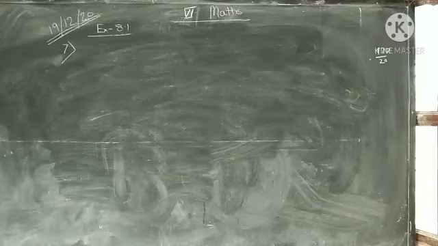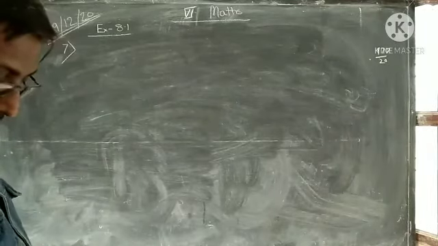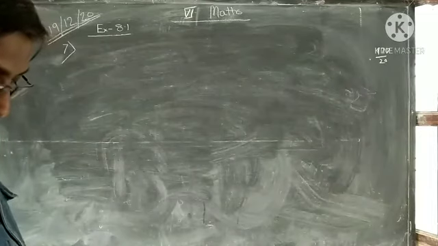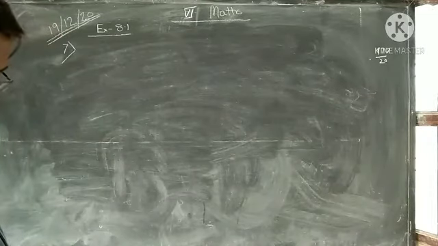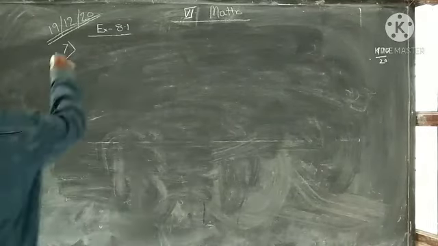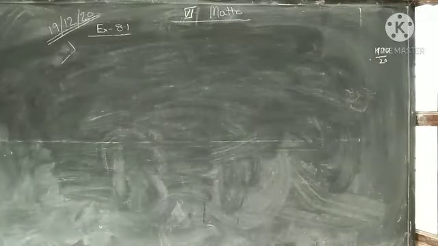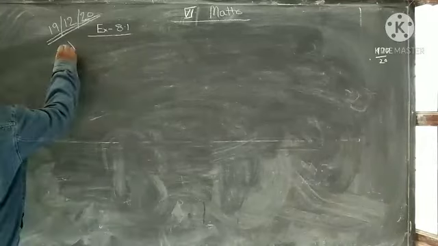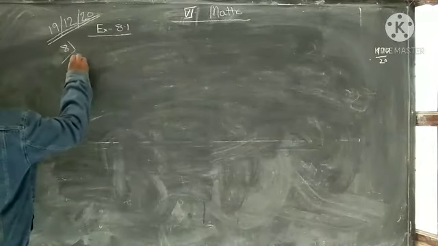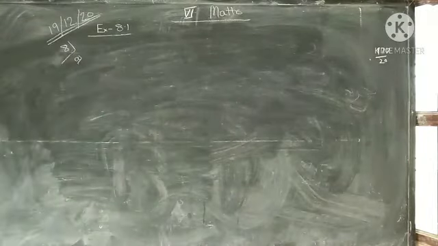Then question number 8 also says the same thing. Show the following numbers on the number line. So I'm doing 2 parts from here. Let's write this. We need to mention this on a number line.